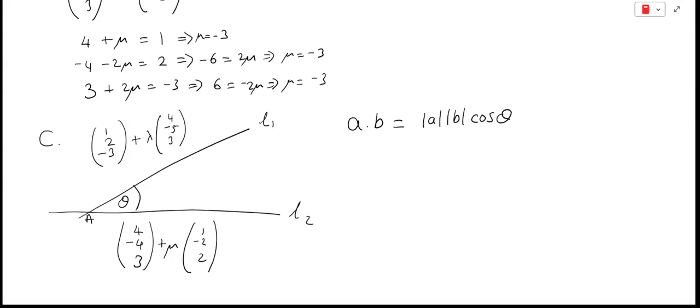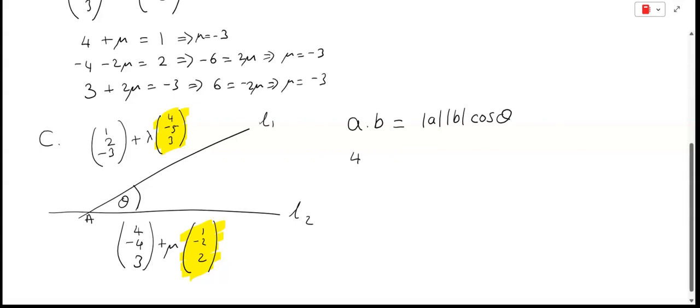When finding the angle, remember that the first part of the vector equation of a line only tells you a point on the line. It's the direction vector, which is the bit after the lambda or the mu, that we need to use as our A and B when using this formula.